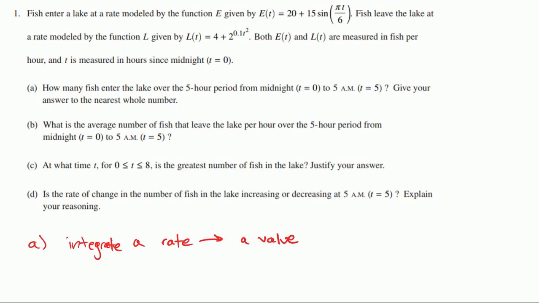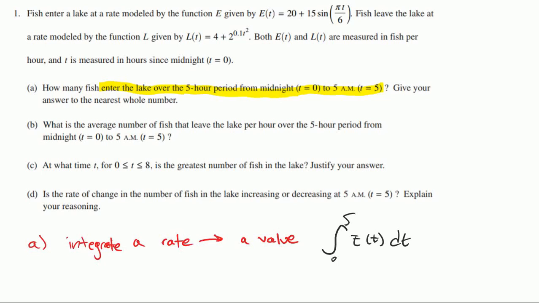And what rate are we integrating? It asks us how many fish enter the lake over the 5-hour period from t equals 0 to t equals 5. So we're going to be integrating E of t, because that's how many fish enter the lake, from 0 to 5, dt.